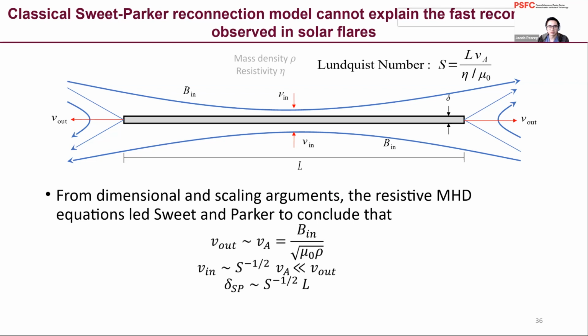From dimensional and scaling arguments, resistive MHD equations led Sweet and Parker to conclude that this outflow velocity is essentially the Alfvén speed. And then the inflow velocity is much slower than that. It's the Alfvén speed divided by the Lundquist number to the 1/2. And the width of the current sheet as compared to its length is also scaled by the Lundquist number to the -1/2.